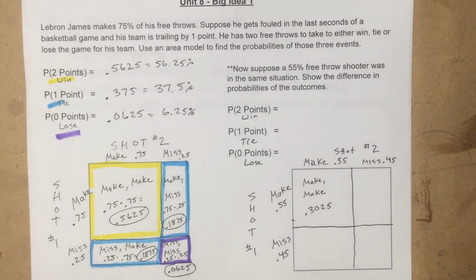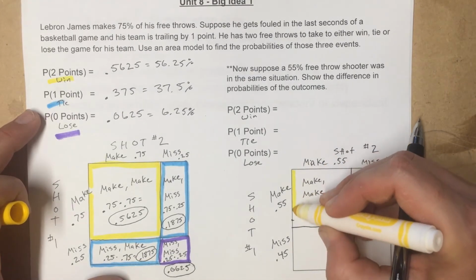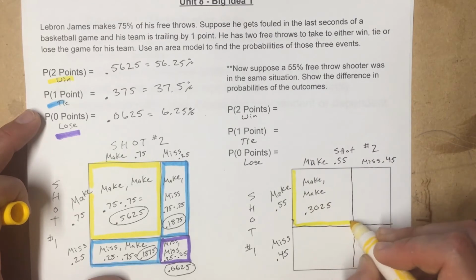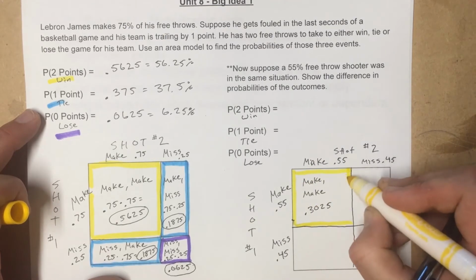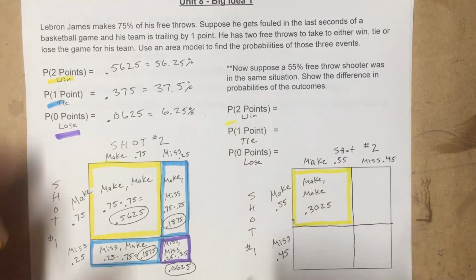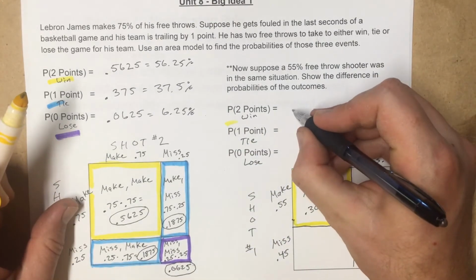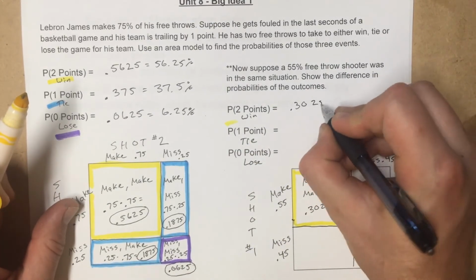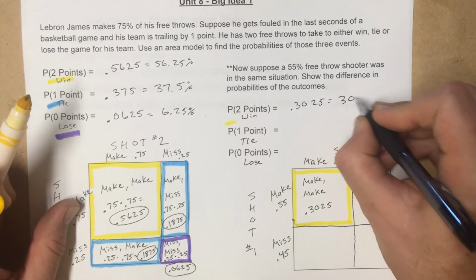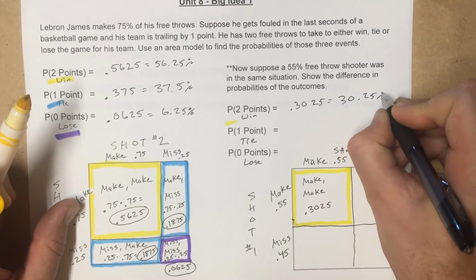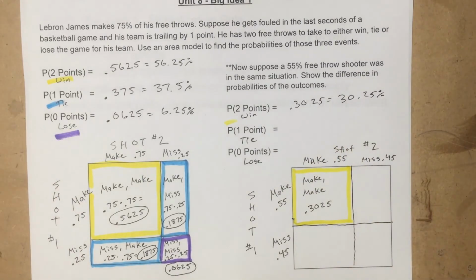And that we're going to make in yellow. And that was the yellow. So this is a 0.3025, or we could also say 30.25% chance he's going to win the game for the team there.